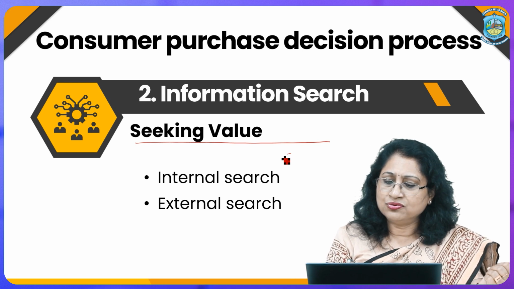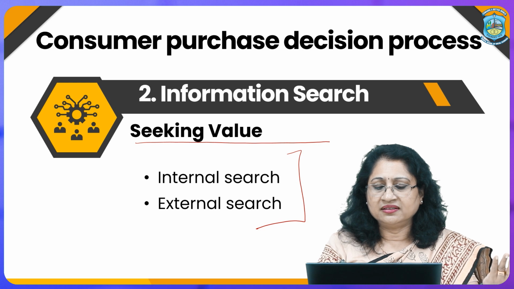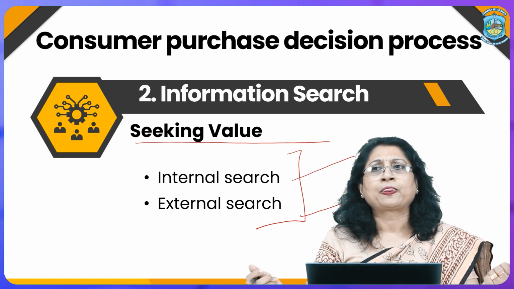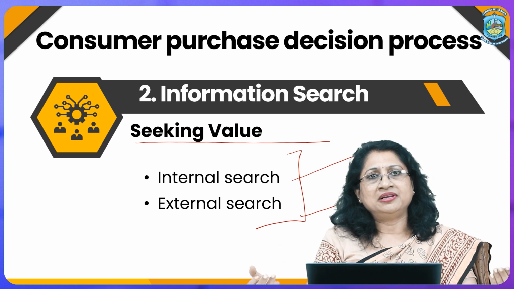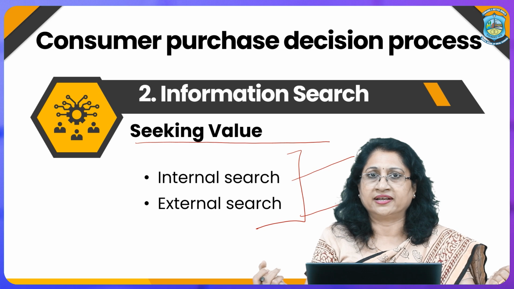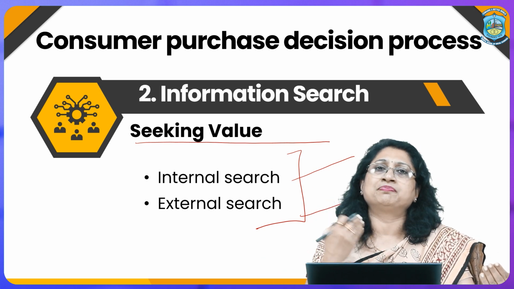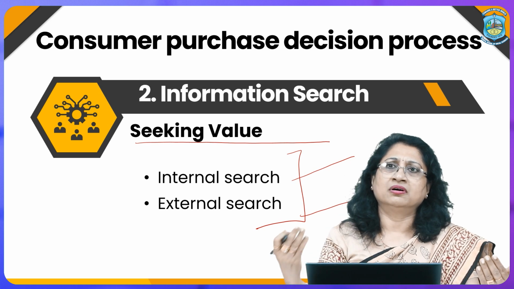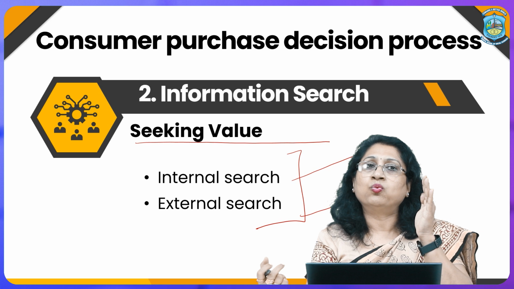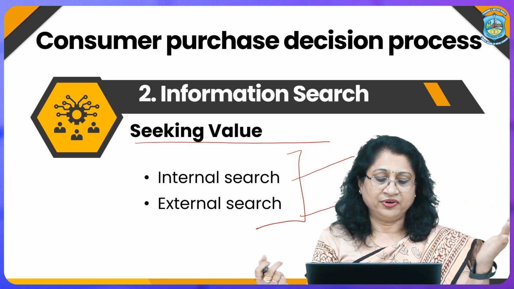We have 2 broad heads under information search. One is the internal search and the other is the external search. What is the internal search? Me at home as a family member, or my close relatives and friends tell me about a particular product, or many a time I myself have an experience with a particular product, maybe good or bad, and that helps me sort out what kind of product I would or would not want to buy.